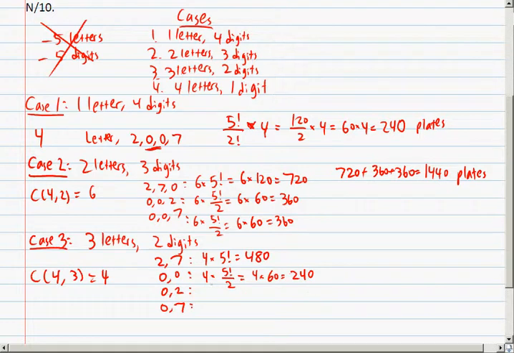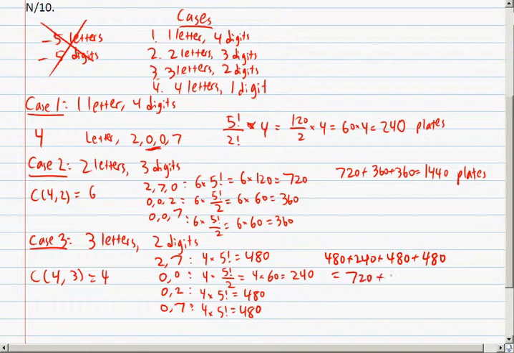Then for 0 and 2, again we have 2 distinct digits and 3 distinct letters, so 5 distinct objects, so 4 times 5 factorial, 480. And then with 0 and 7, that's the same as the previous case, so that's also 480. Adding all of these up gives us a total of 720 plus 960, which is 1,680 plates for case 3.